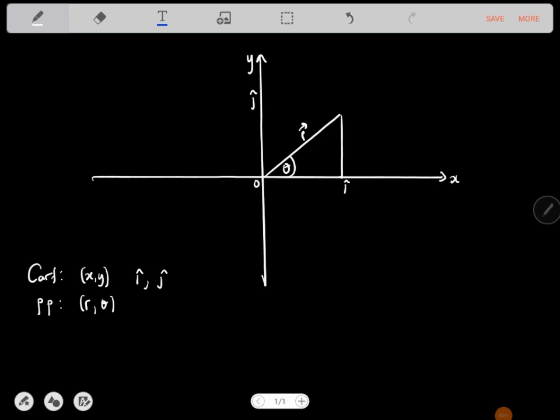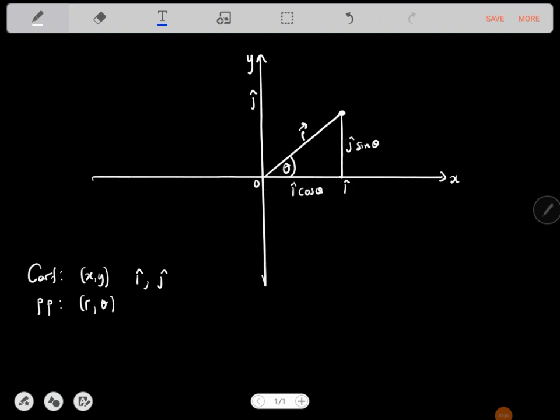Now we know that the x-axis, or the I hat axis, in terms of this theta is related by cosine, right? That means here we have I hat cos theta, and here we have J hat sin theta. Now what is this coordinate here? Remember these are unit vectors, right?